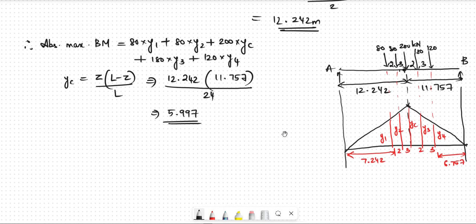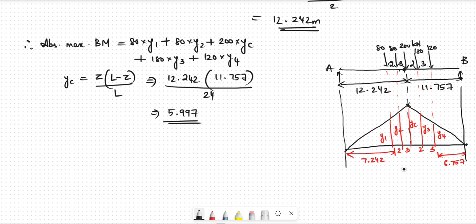Now substitute in the equation, using the principle of similar triangles. I'm directly substituting in the equation. So the absolute maximum bending moment is equal to 80 into y1. So 80 into y1 means 7.242 divided by 12.242 into yc. yc is common in every term, so we will keep it outside.